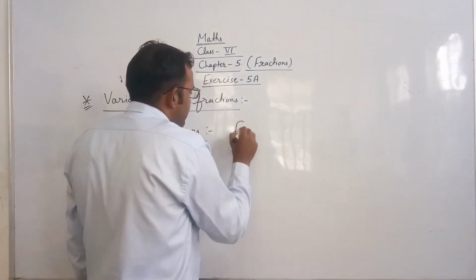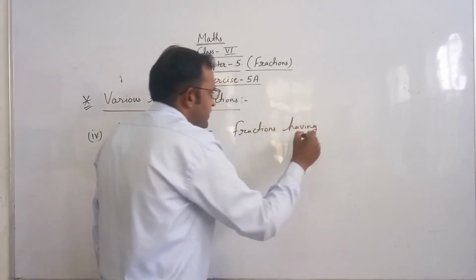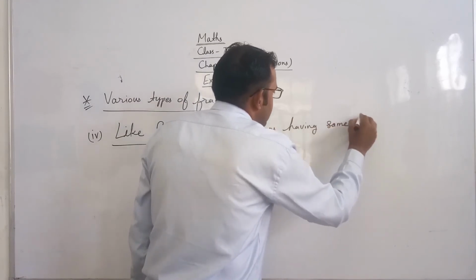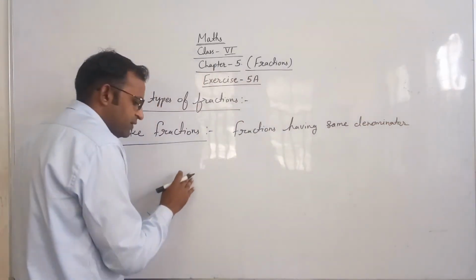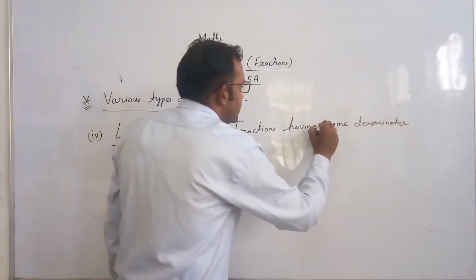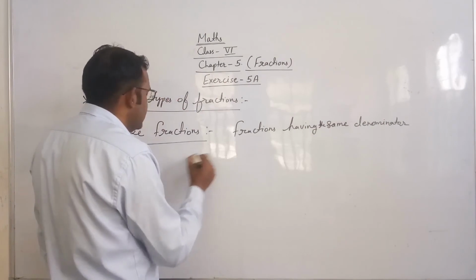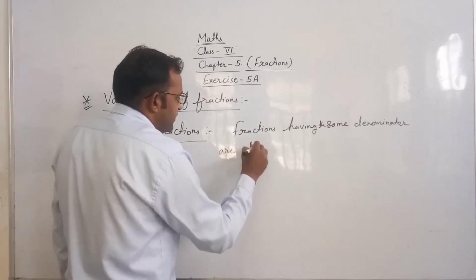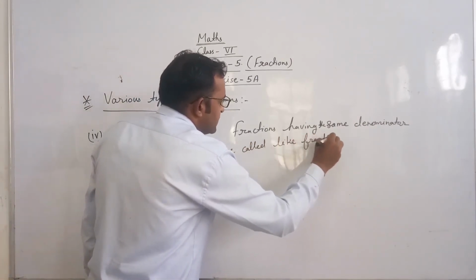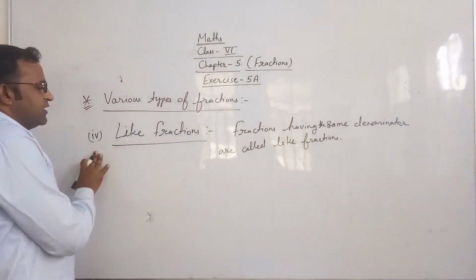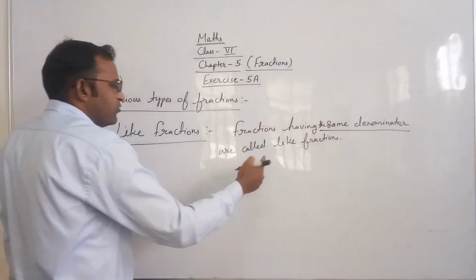So fractions having the same denominator are called like fractions. So students, fourth type, like fractions. So fractions having the same denominator are called like fractions.